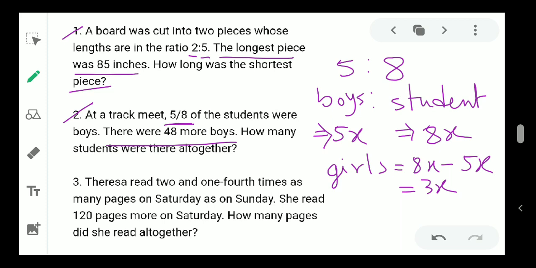Now if 48 more boys are there, I have to add 48 to our 5x.